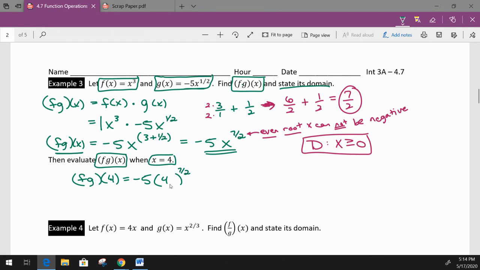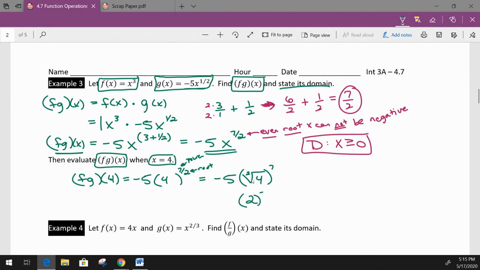We could do this mentally a little bit. I could rewrite this as the square root of 4. The bottom number is the root. The top number is the power. So the square root of 4 taken to the 7th power. The square root of 4 is 2.